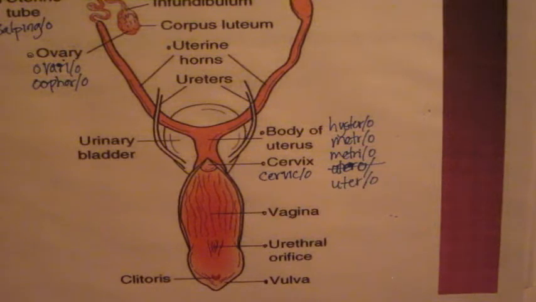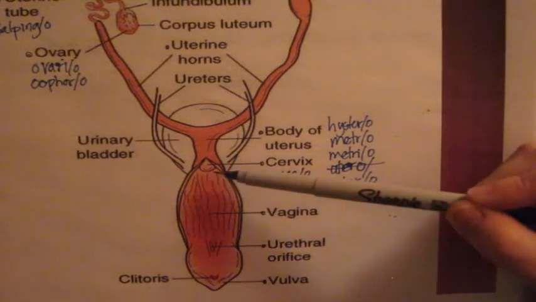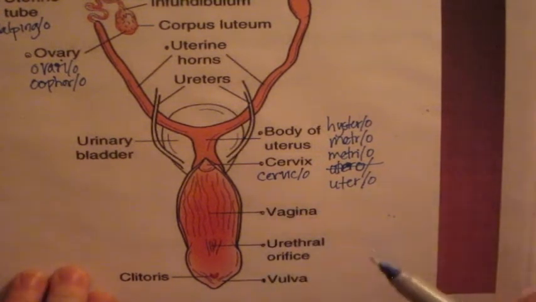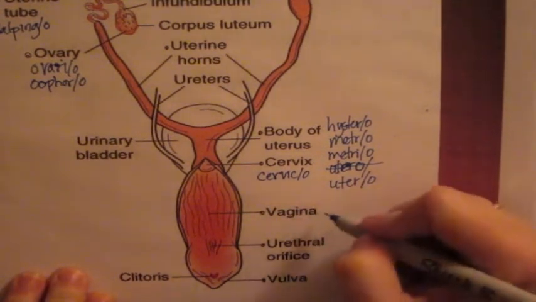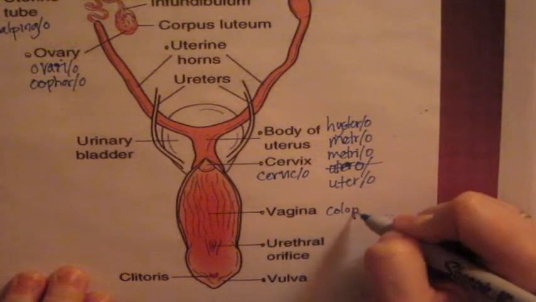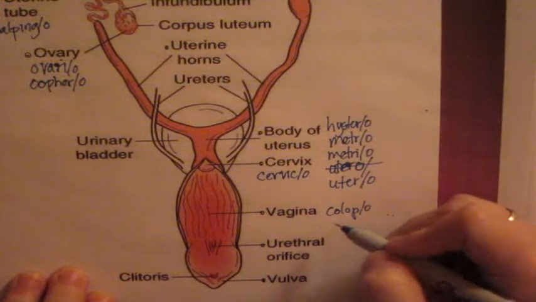The vagina is the muscular tube lined with mucosa that extends from the cervix to the outside of the body. Combining forms for vagina are colpo and vagino.